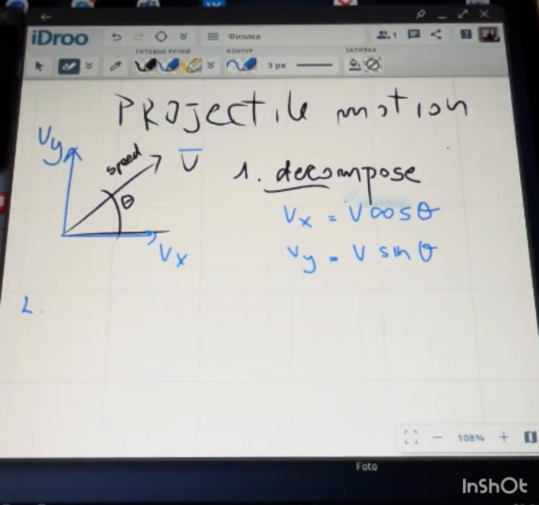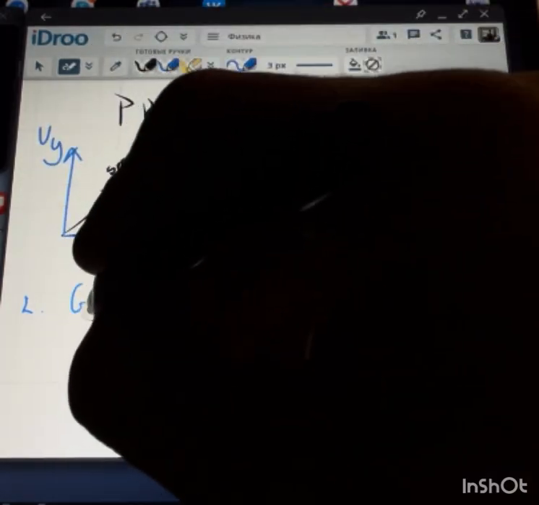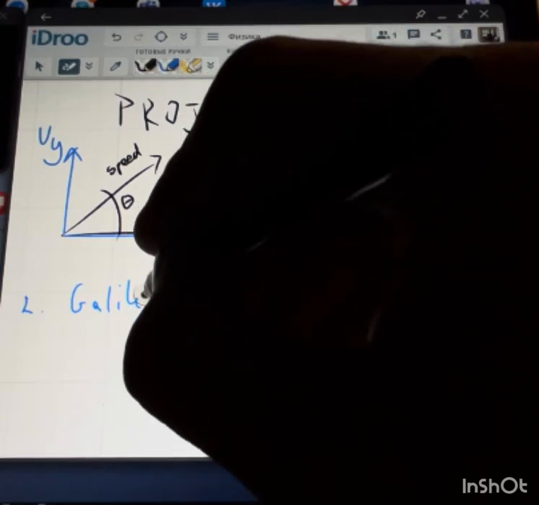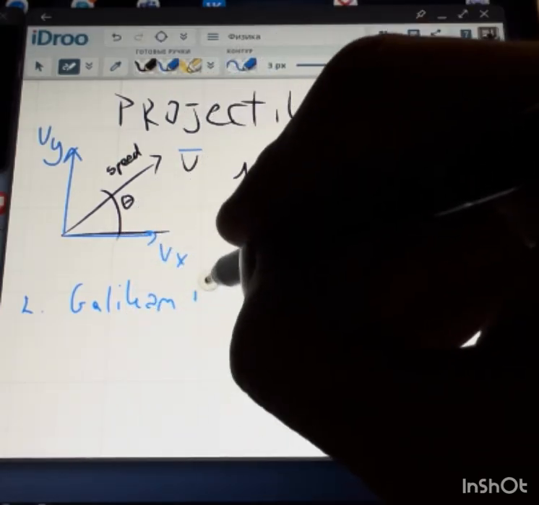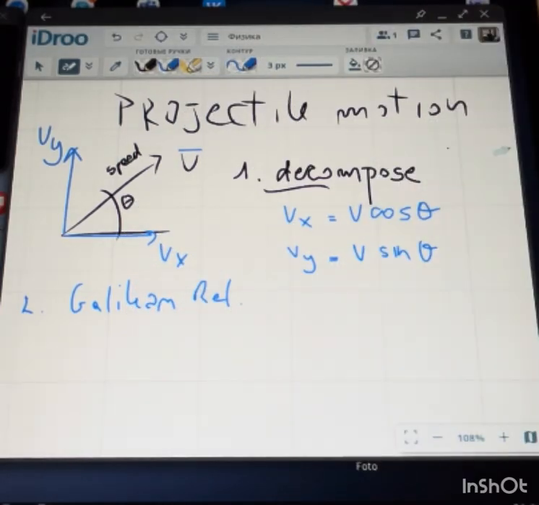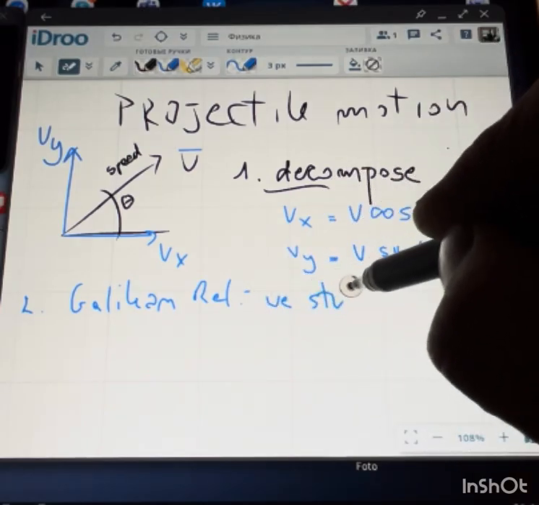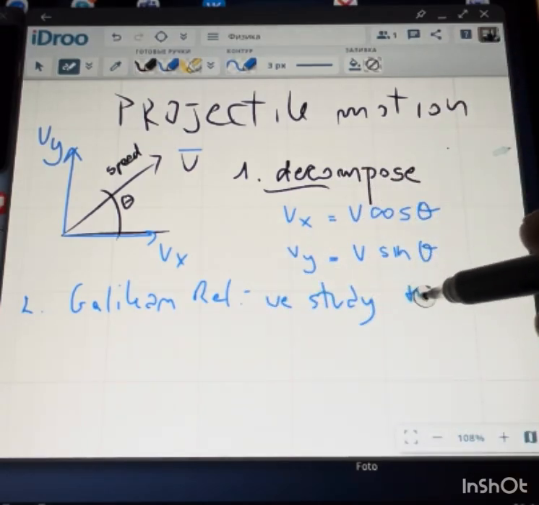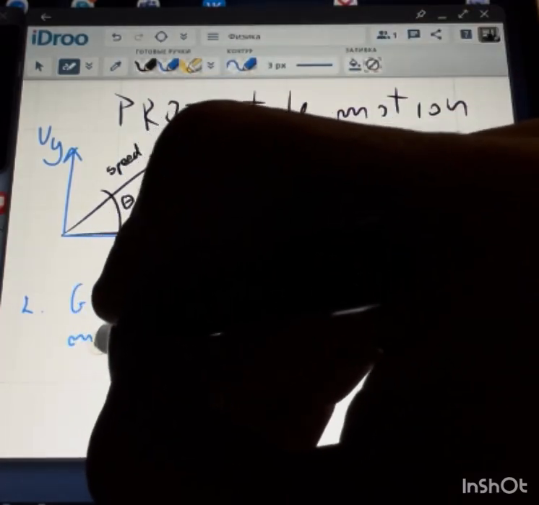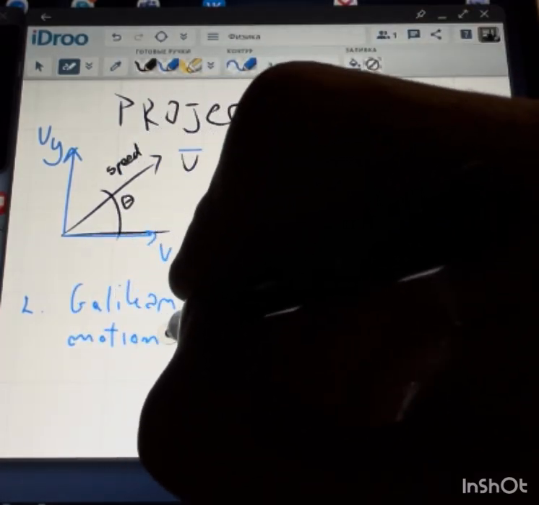Now, second, we use the so-called Galilean relativity. What does it mean? We study the two motions independently.